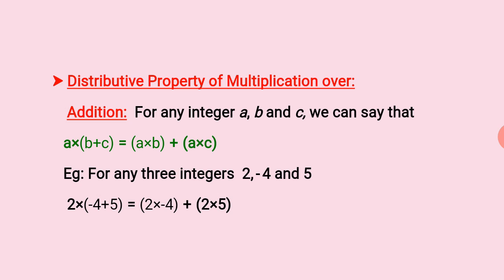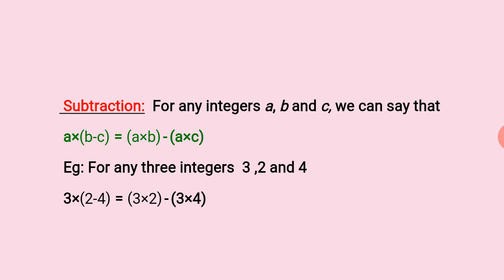It is regarding subtraction. This particular one which we have studied now, it was regarding addition. This is the same property, that is distributive property for multiplication over subtraction. So you will see that three integers are there, a, b, c. A is multiplied by b minus c because there is subtraction.